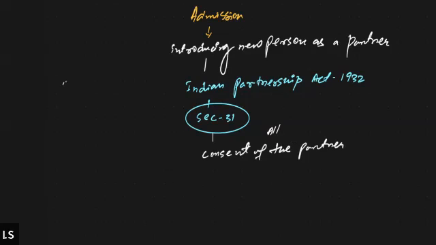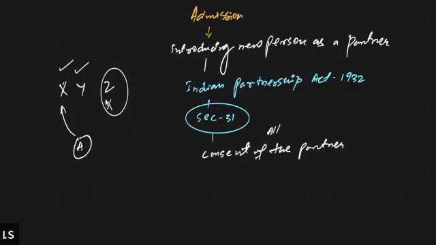Let's suppose, for example, there are three partners X, Y, and Z, and they want to introduce A. Suppose X wants Mr. A to become their partner. When it comes to the admission of Mr. A, X, Y, and Z will all have to consent. All of them collectively will have to give approval regarding the admission of such a partner. Let's suppose Mr. X has given approval, Mr. Y has given approval, but only Z is opposing the admission.